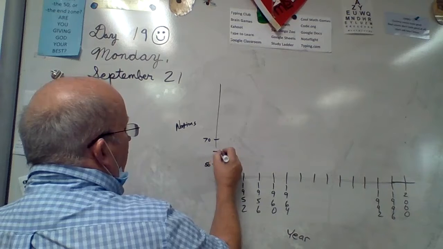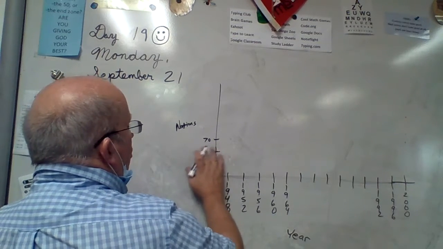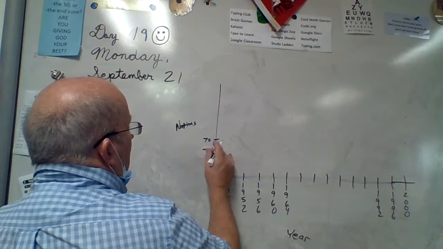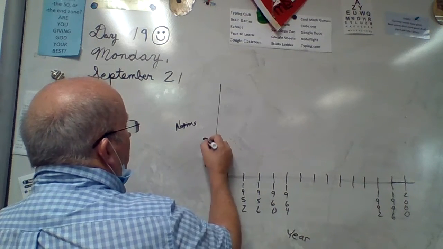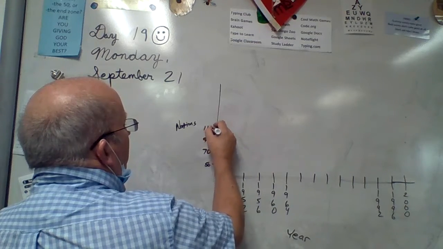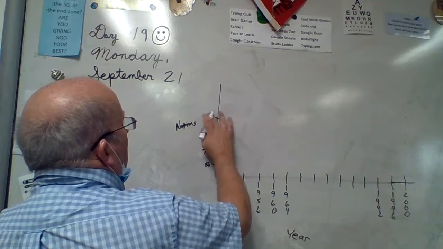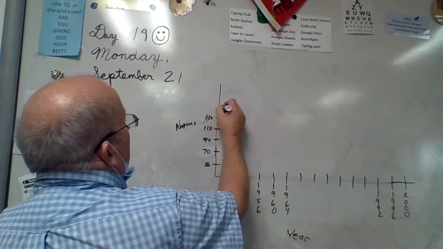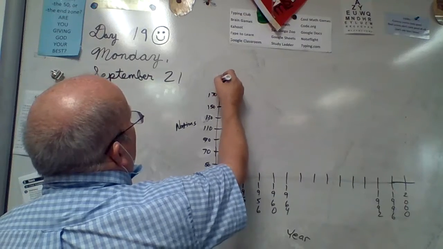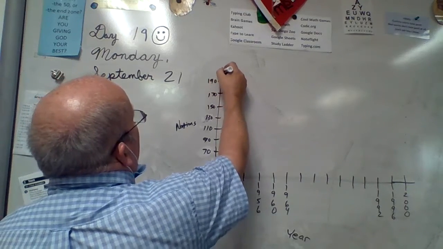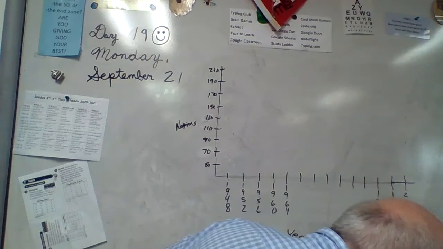No, let's go by 20s. So that makes this 90, 110, 130, 150, 170, 190, and I think 210 would be all the farther we'd need to go.